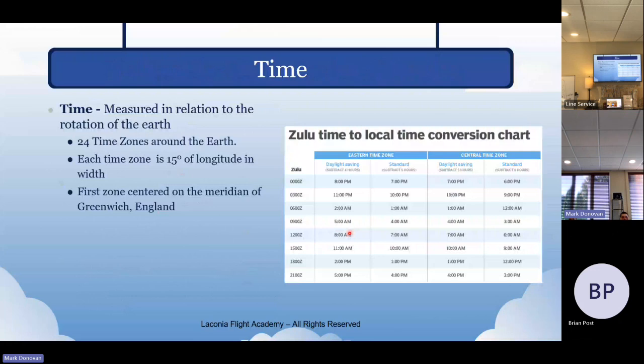Take the local time, convert it to military time, add 4 hours if you're in daylight saving time, add 5 hours if you're in standard time. If you're in the central United States, it'd be add 5 or add 6. If you're on mountain time, it'd be 7 or 8, and then if it's West Coast, 8 or 9.